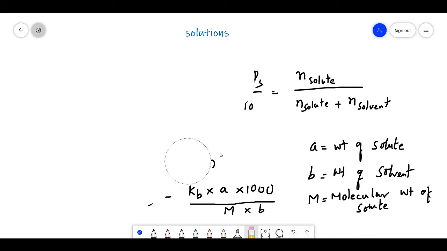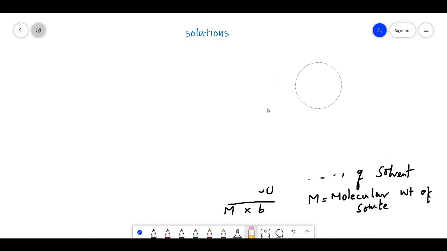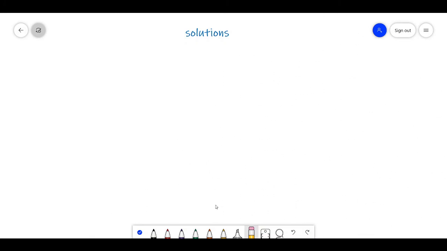The next colligative property, the third one, is depression of freezing point. This is also the same as boiling point. It is taken as delta TF, and delta TF is also proportional to molality.